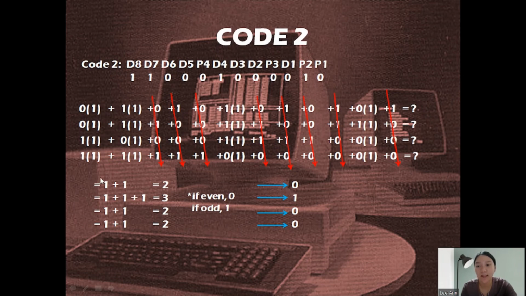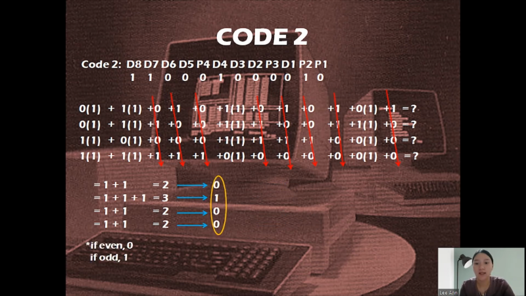And lastly, 1 and 1 equals 2. Again, if the value is even, it is going to be 0, and if it is odd, it will be 1. So our value is 0100, which is equivalent to this.